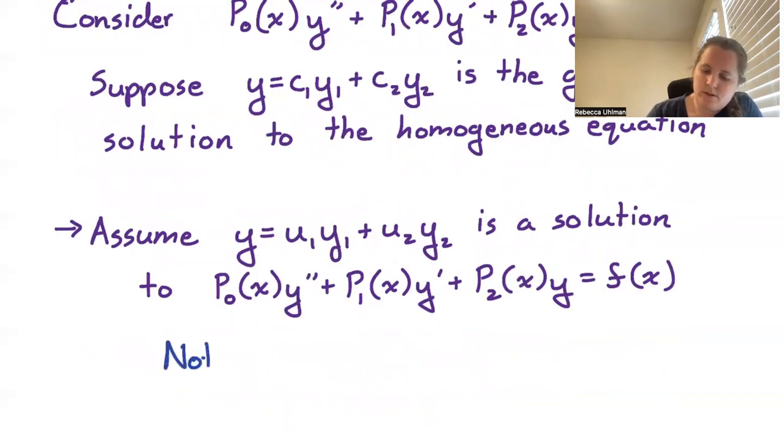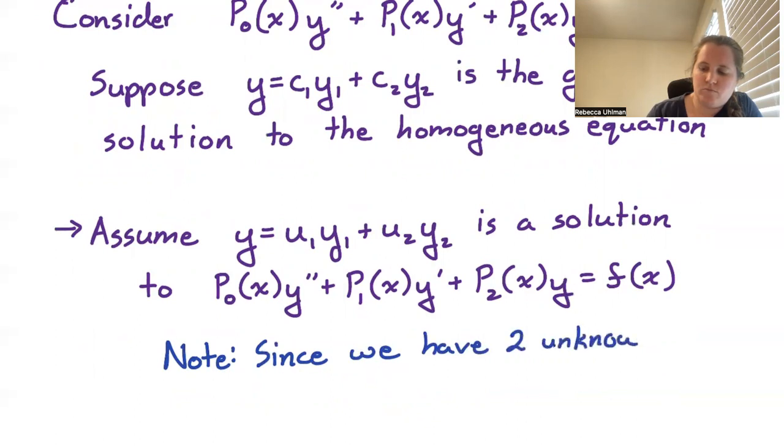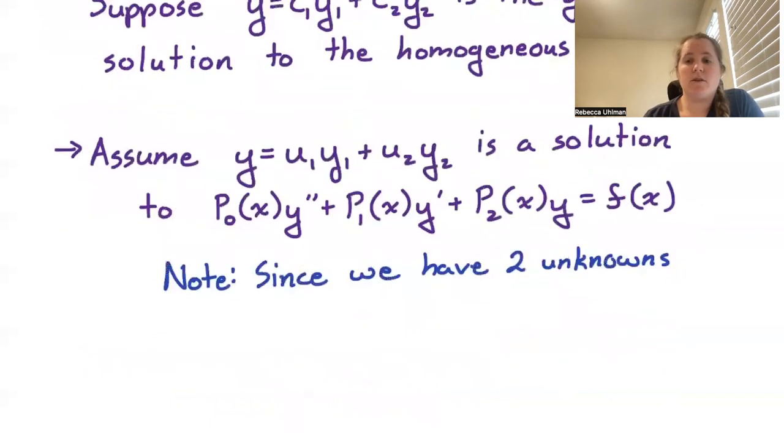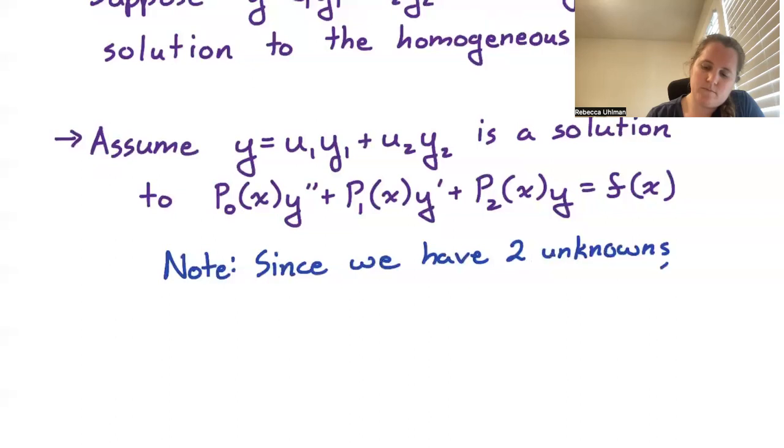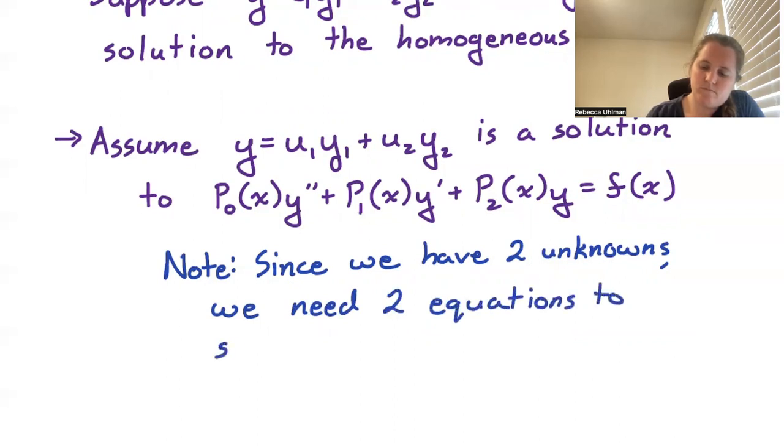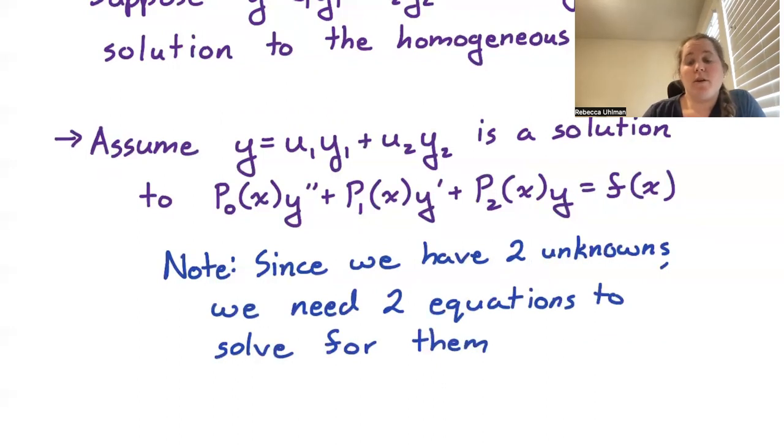Note, since we have two unknowns, we'll need two equations to solve them. So we have u1 and u2 both unknown.